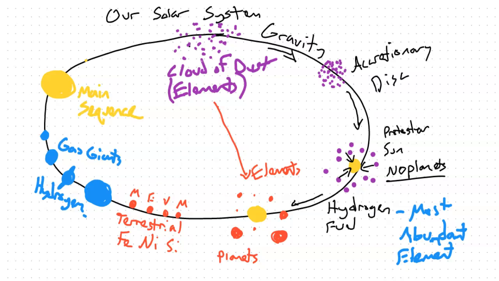And when that happens, it pushes away any atmosphere that these planets could have had with solar wind.